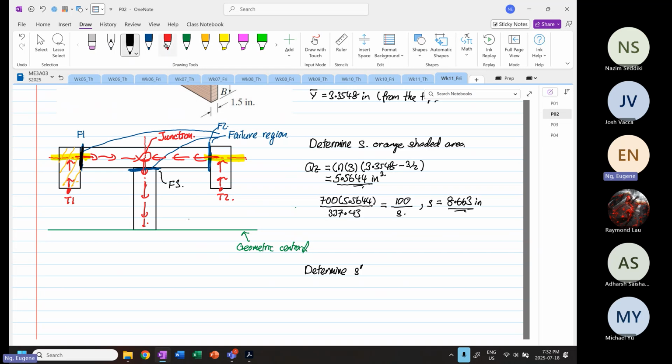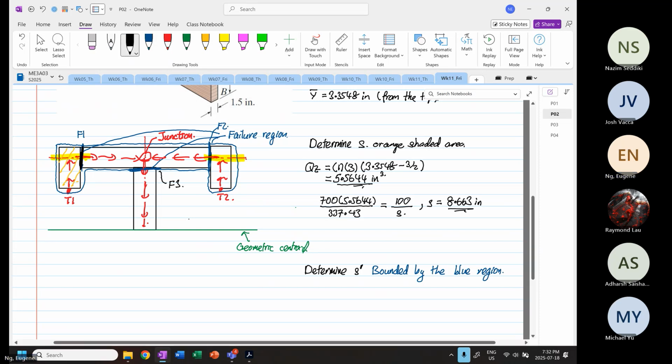The area that you have to take for failure region 3 will be bounded by this blue line, the first moment of area you have to take. Because the shear flow from the left and the right side will come into the junction and flow into the major web. So it is bounded by the blue region.